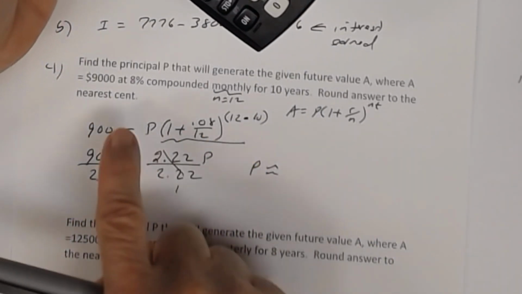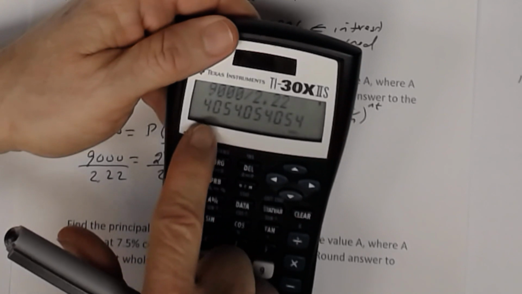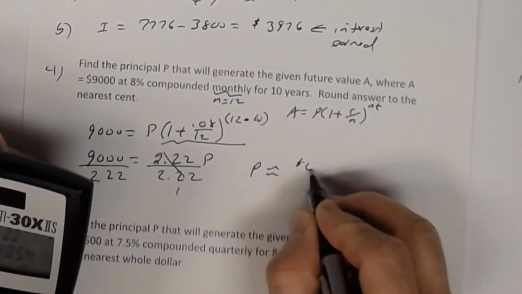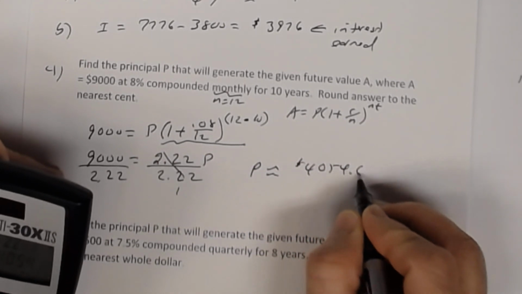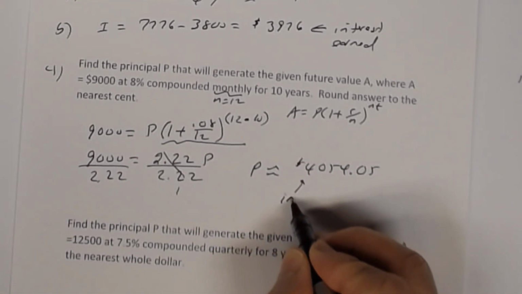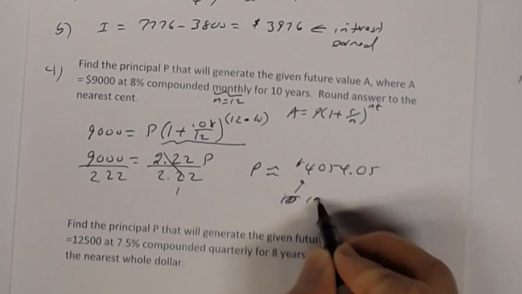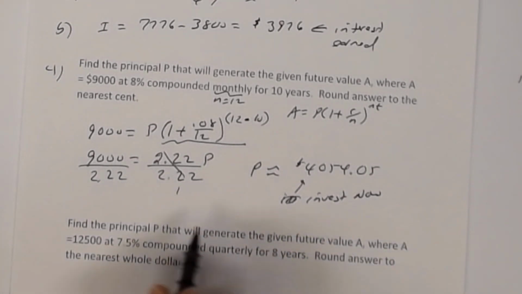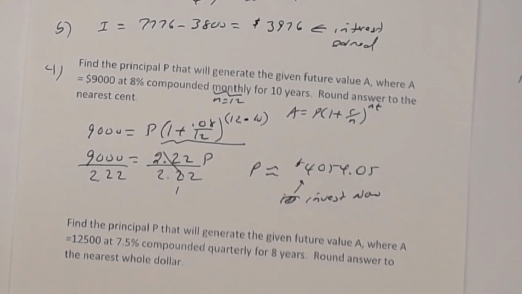And it did say the nearest cent, so let's do $4,054.05. So that's the amount you will initially have to invest now, so that in 10 years, you're going to end up with $9,000.